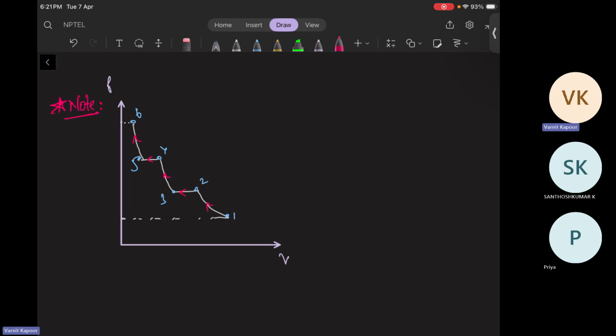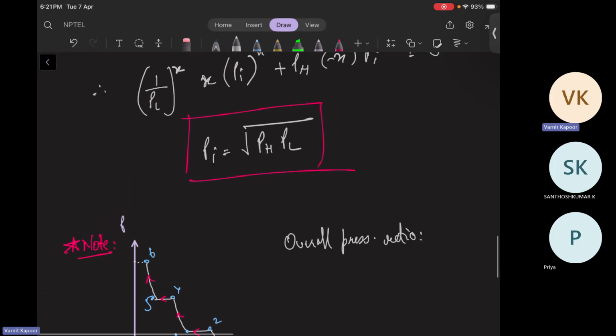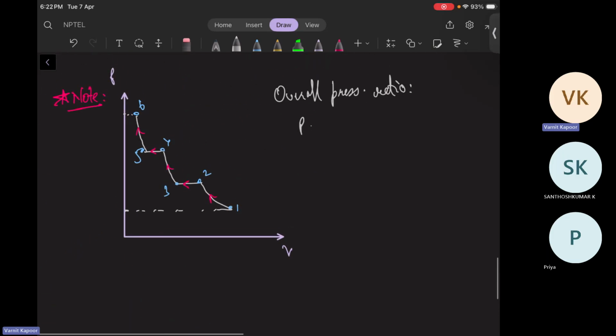So overall pressure ratio, sorry, overall pressure ratio from P6 to P1 can be written as the product of each stage pressure ratio, the pressure ratio in each stage.